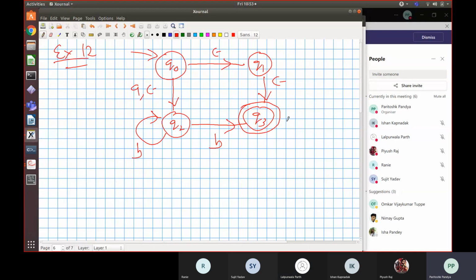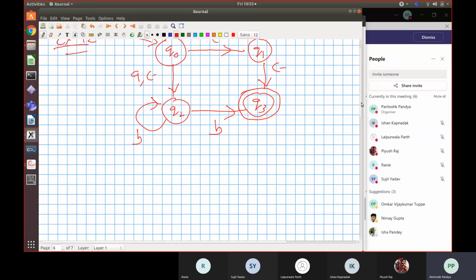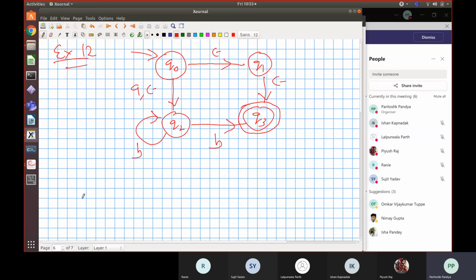Now we want to convert this to a DFA, right? So I will have a table where my sets will be epsilon closed states. Now, what is my initial state of my DFA? Here the initial state is just Q0.